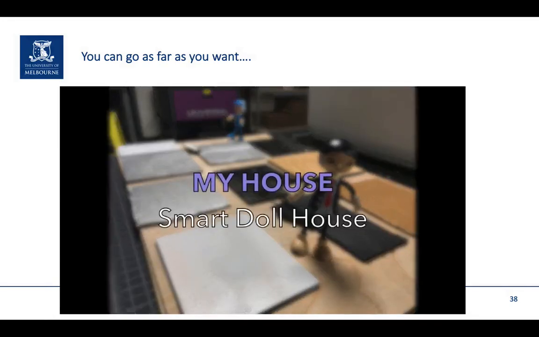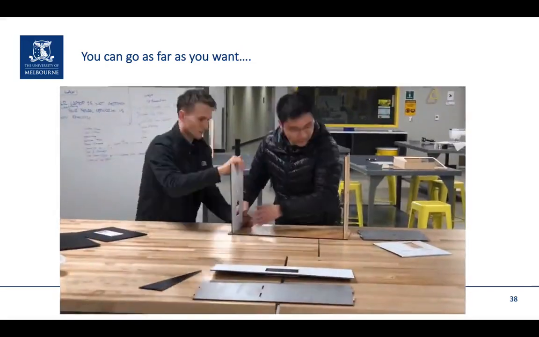Here we have a smart dollhouse that's created by a single board computer.